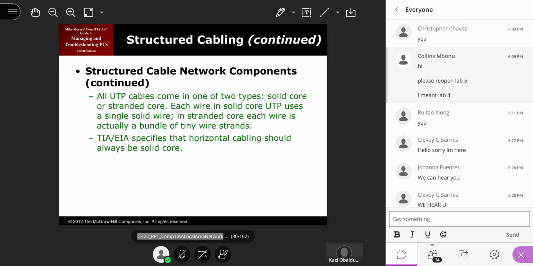Each wire in solid core UTP uses a single solid wire, only one cable. Only one wire. In standard core, each wire is actually a bundle of tiny wire strands.